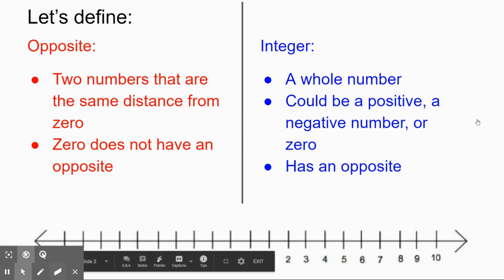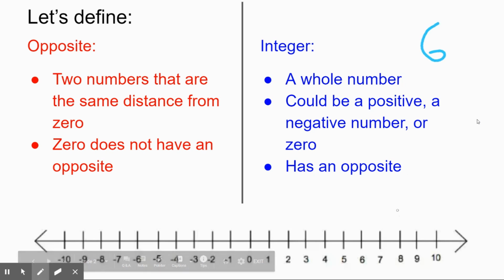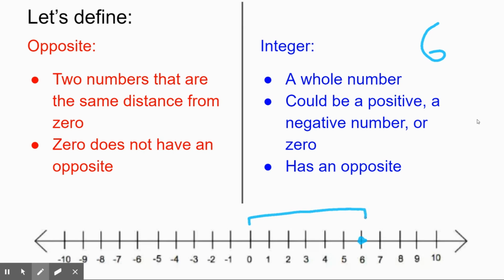So if we look at an example, let's say that we have a value of 6. If we find where 6 would be on a number line, we can put a dot there. And if we look at the distance from 0 to 6, we see that it goes 1, 2, 3, 4, 5, 6. So the distance from 0 to 6 is 6.